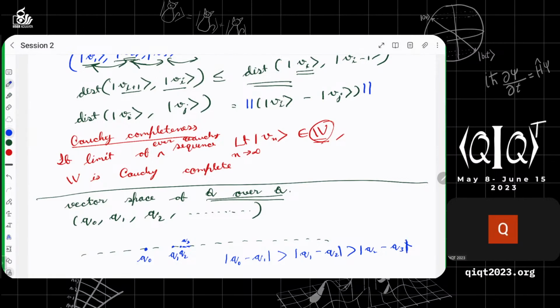Now notice that there are also a lot of irrational numbers between the rational numbers. In fact, infinitely many irrational numbers between any two rational numbers.